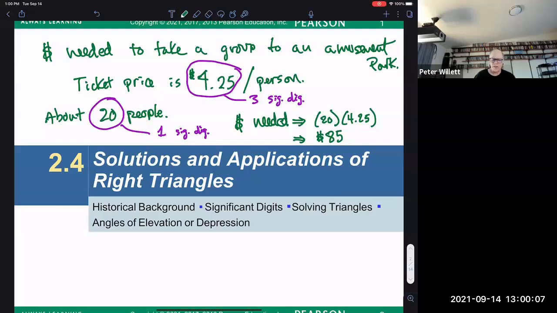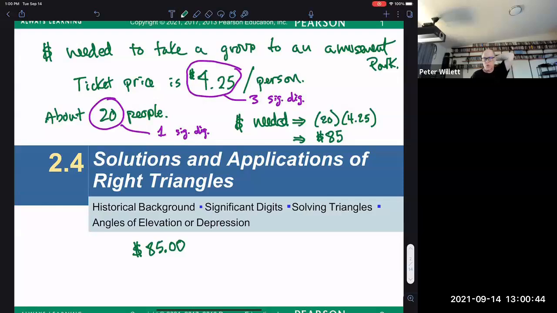So we can ask ourselves, well, what should be the answer to the question about how much money we would need, and how accurate can that answer be? So if I say $85 and no cents, 85.00, because tickets were known down to the nearest penny. Well, the problem with that is that we're claiming that we know exactly what we're going to have to pay down to the nearest penny, and we don't even know how many people are going to be there.